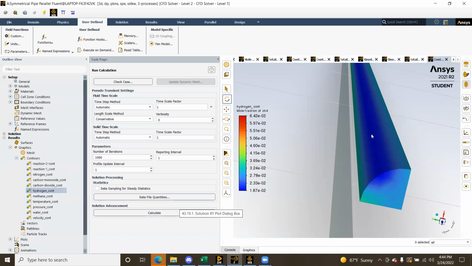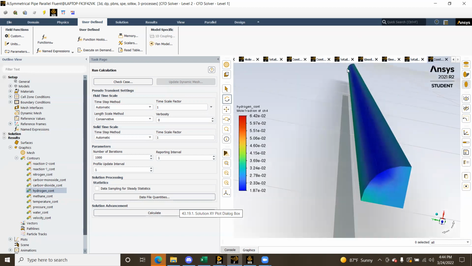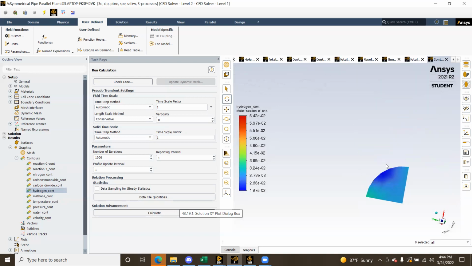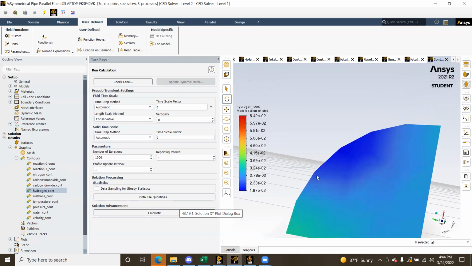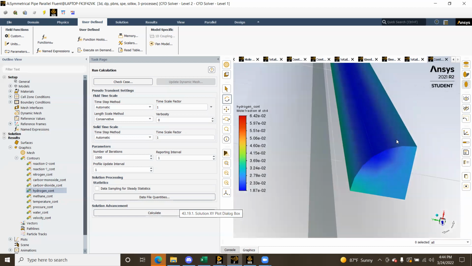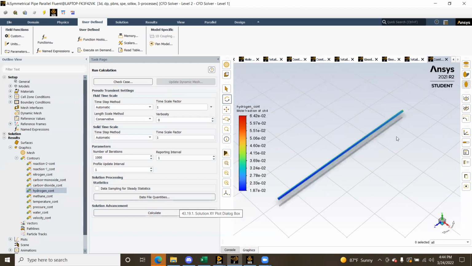For some reason, it's very dark around there, implying lower values in this particular section towards the wall of the pipe. I think that's probably because of the mesh design. So that's what I was talking about earlier, that weird part in the middle of the mesh. If we refine the mesh, this would disappear and it would be more consistent along that side. So yeah, I think these make a good amount of sense.